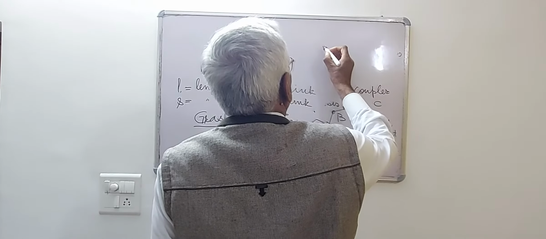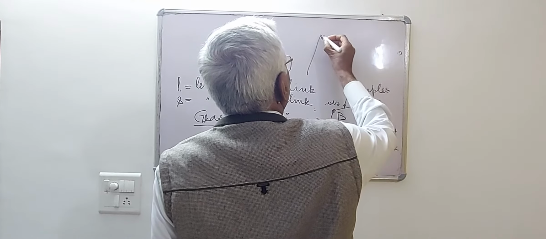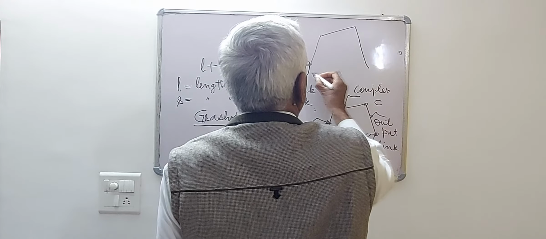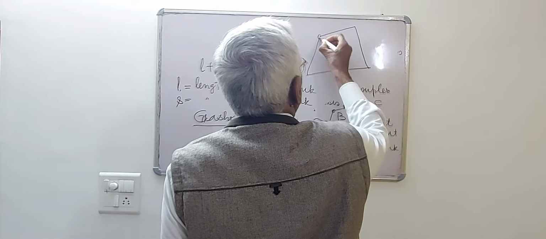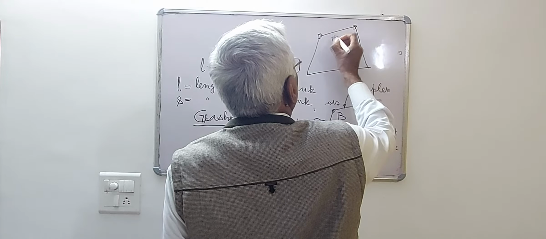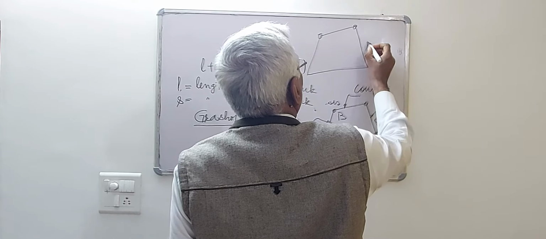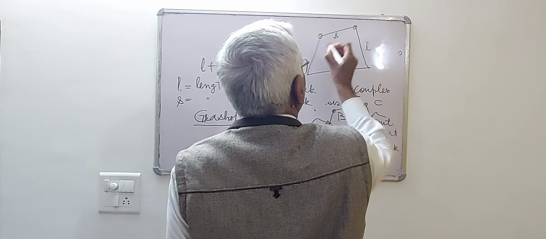The four-bar mechanism can be like this, as already shown. Suppose this is the longest link and this is the shortest link.